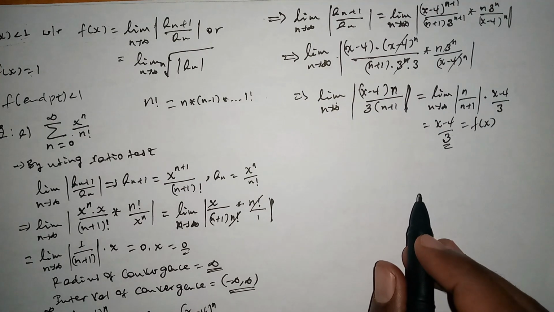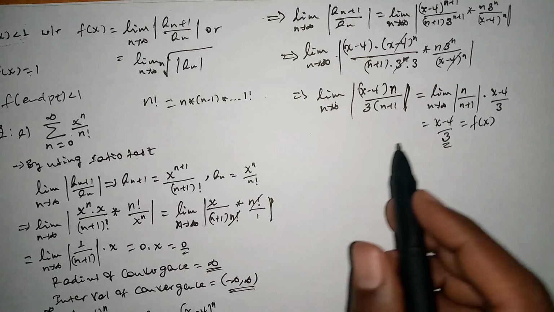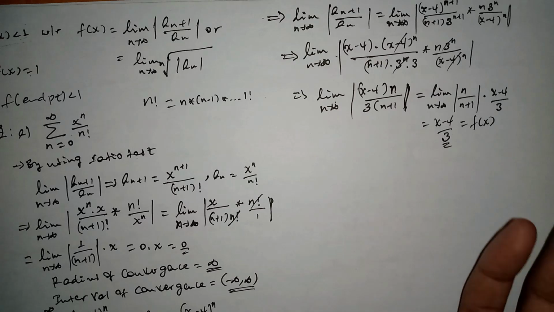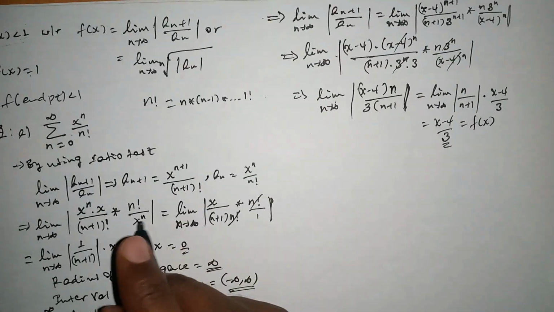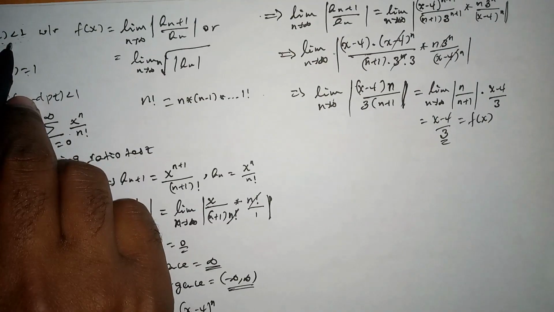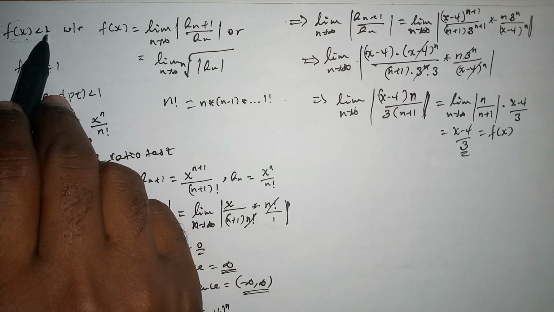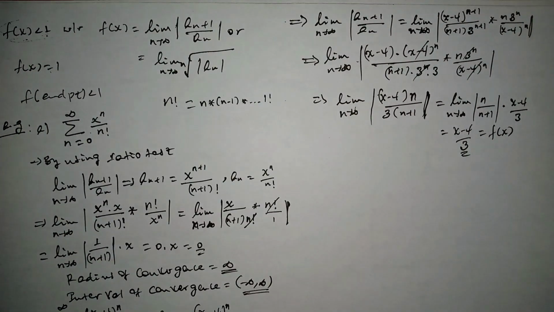Since we are finding the radius of convergence of the given series, we have to look at which interval our series will converge. We have seen that f of x must be less than 1 for our series to be convergent.